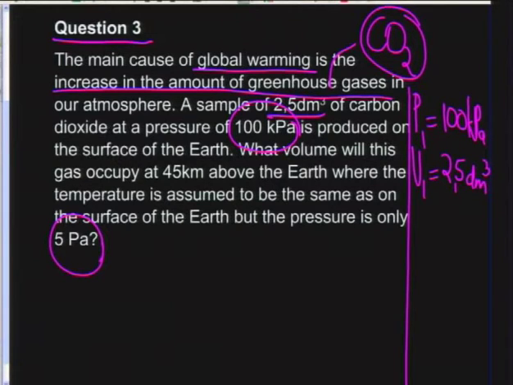And then 45 kilometers into the atmosphere, we've got a pressure of 5 pascals, and therefore we need to know how much volume can be occupied by this.